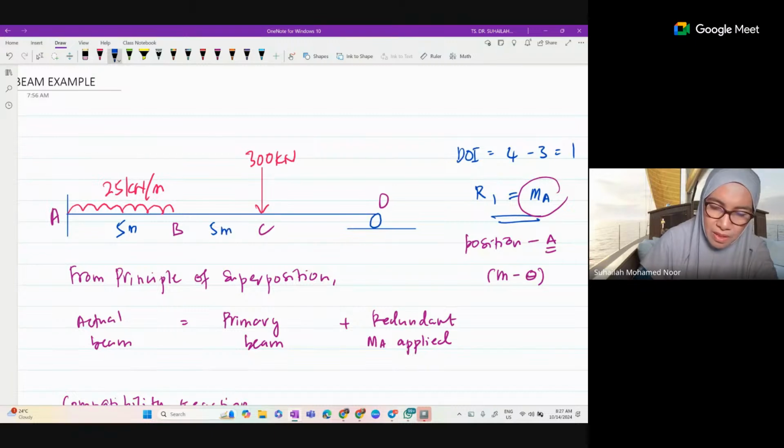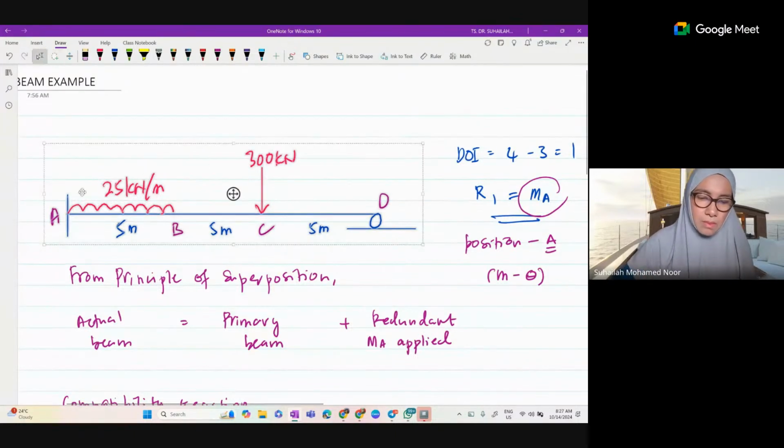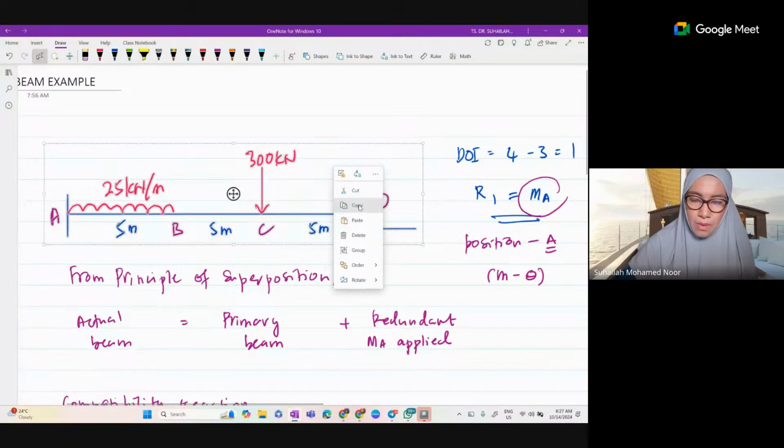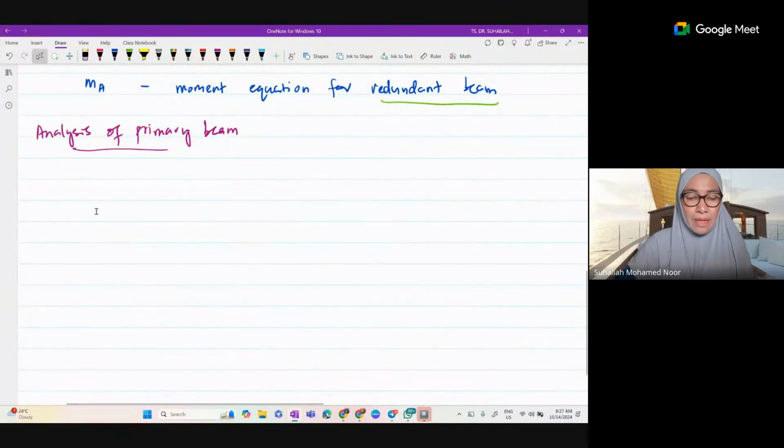This is 5 meter. This is also 5 meter, for example. Okay, so this beam, this is the actual beam. Now we are going to analyze the primary beam.